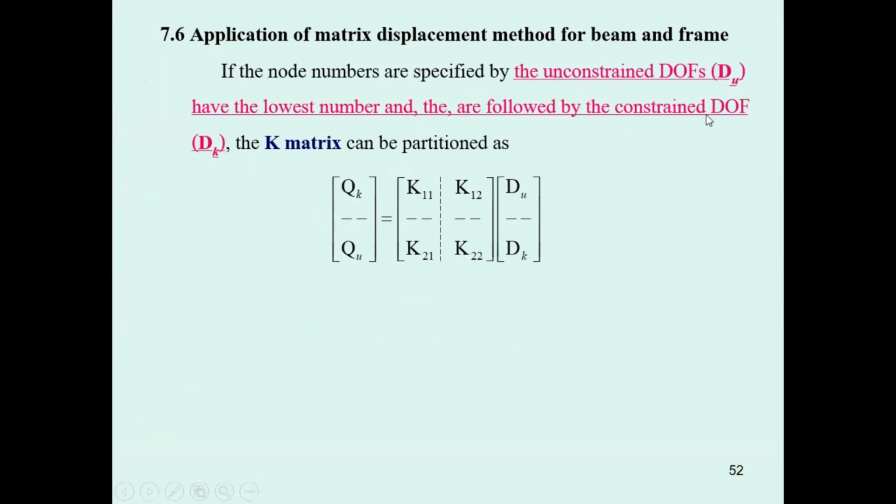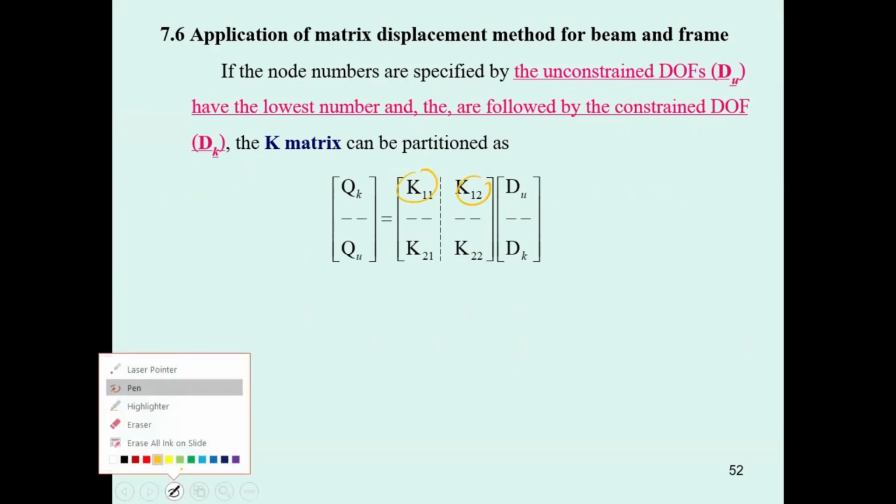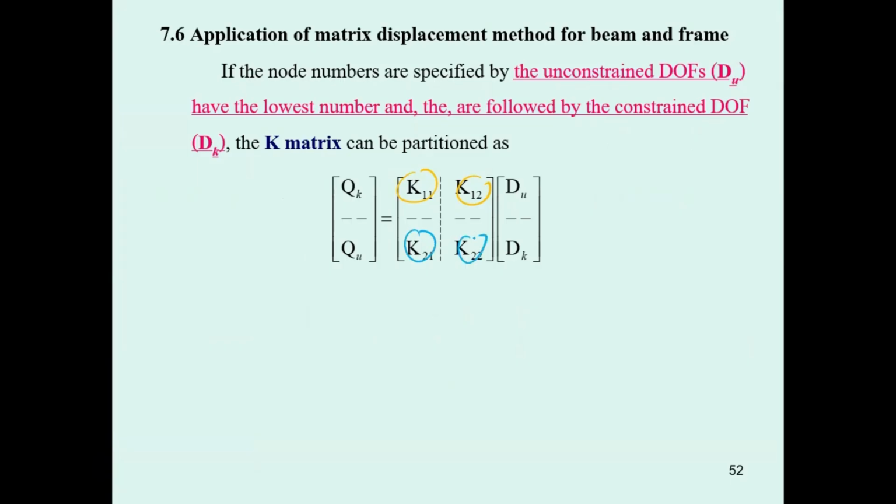Then do the same calculation as before. Separate the capital K matrix into K11, K12, K21, and then K22.